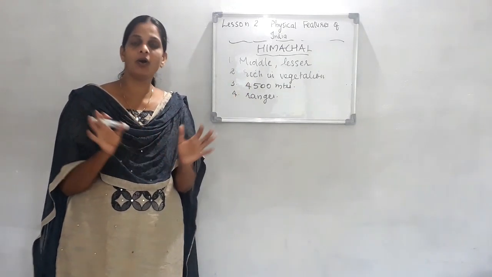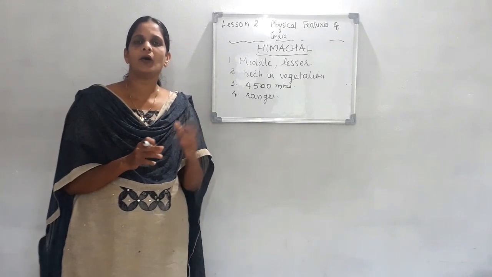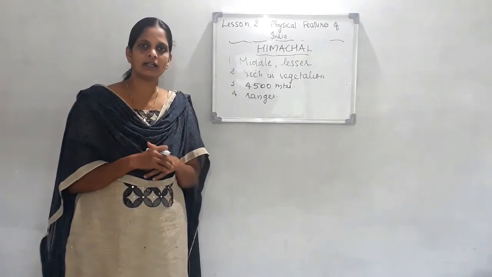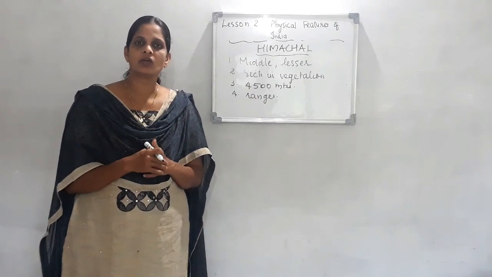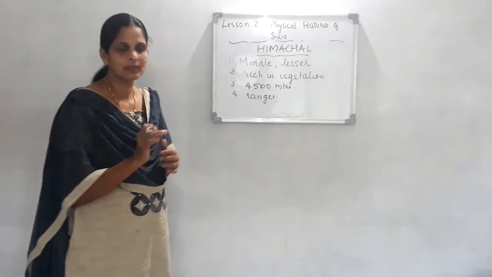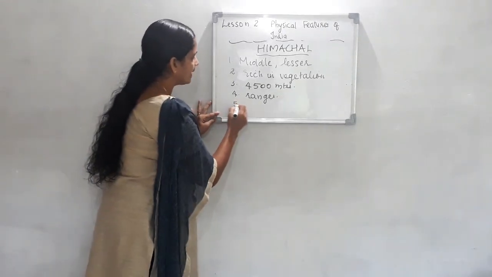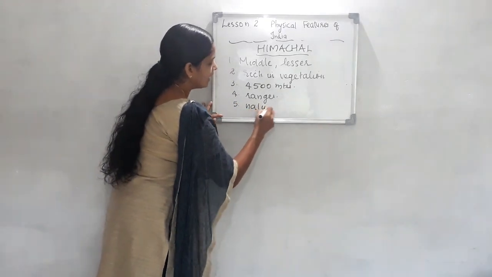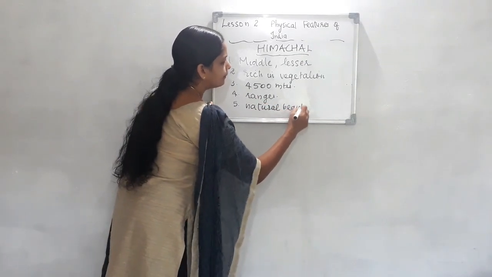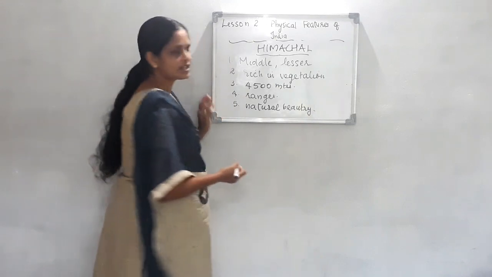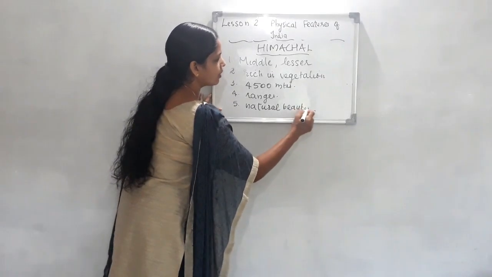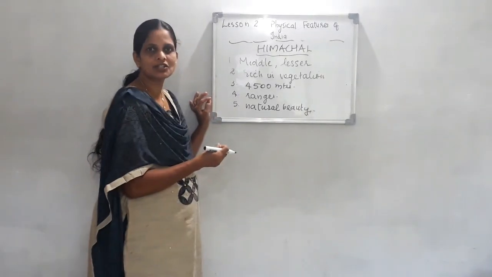Besides all, another very important feature of this Himachal region is that it is very famous for natural beauty. That's why almost all Himalayan hill stations are located in the Himachal region.